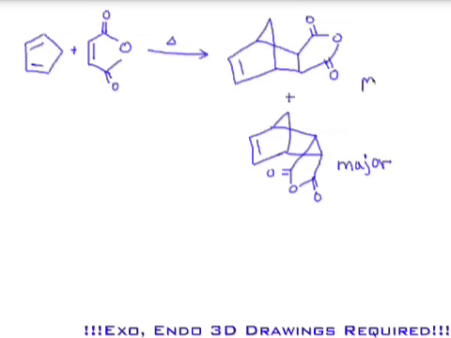He's minor. Okay, so the endo's major because not only is he more stable, his transition state is more stable due to p-orbital assistance.